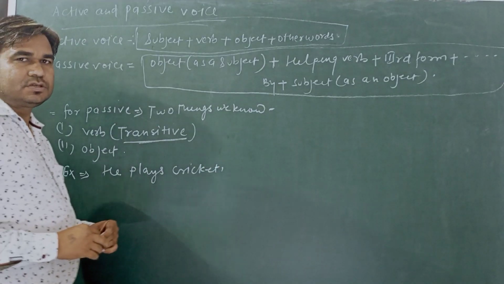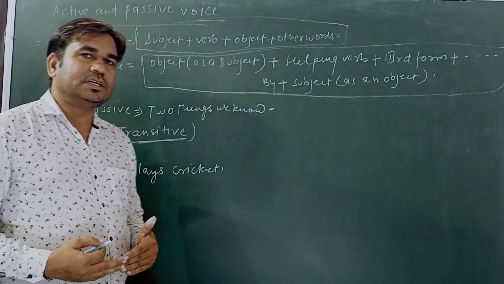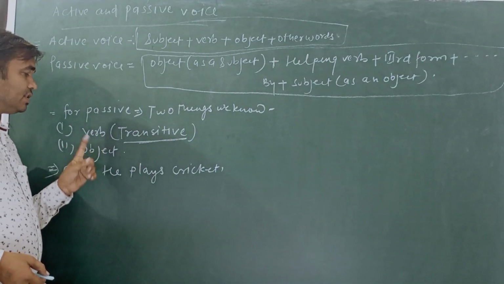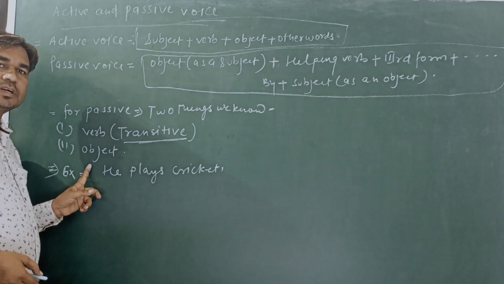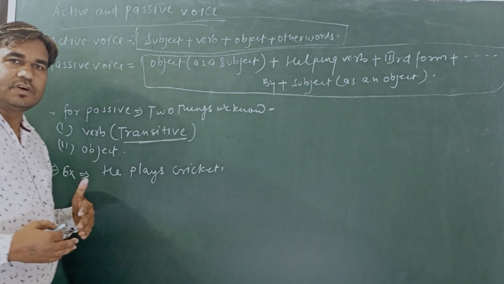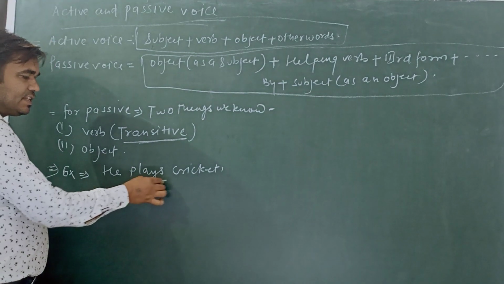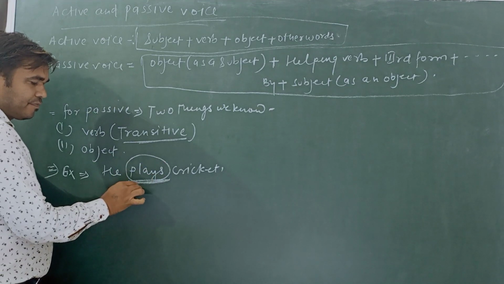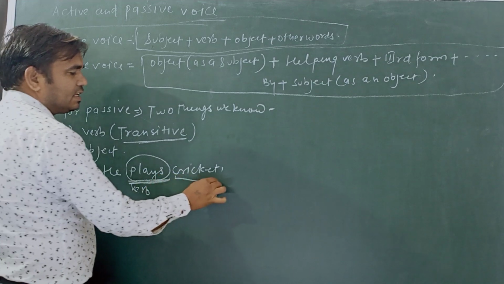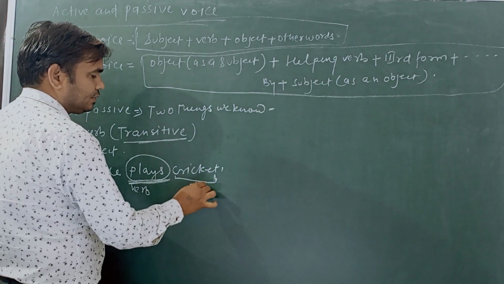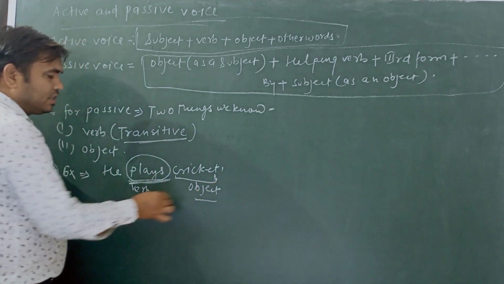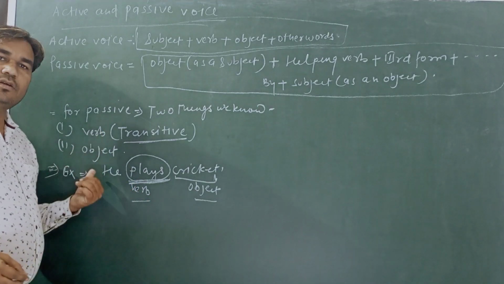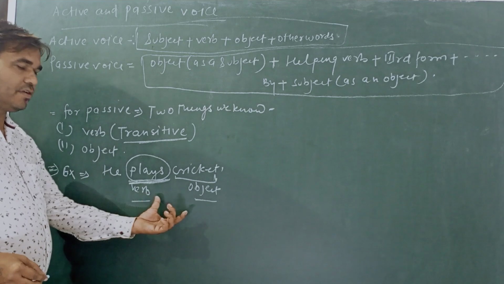So here first we know, students, two things for converting to passive voice, that is verb and second object. Before converting this, here you see play is a verb, and second, this is the object, and both the two things are given here.